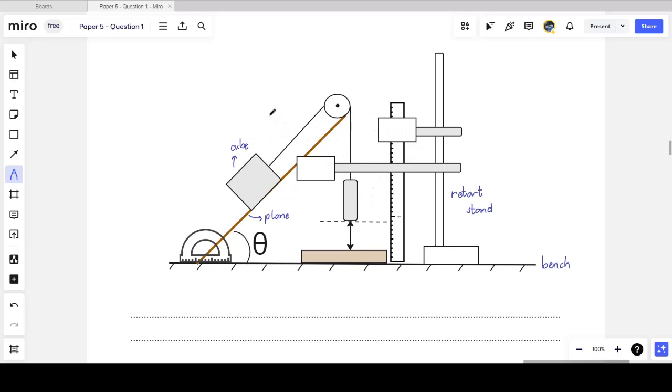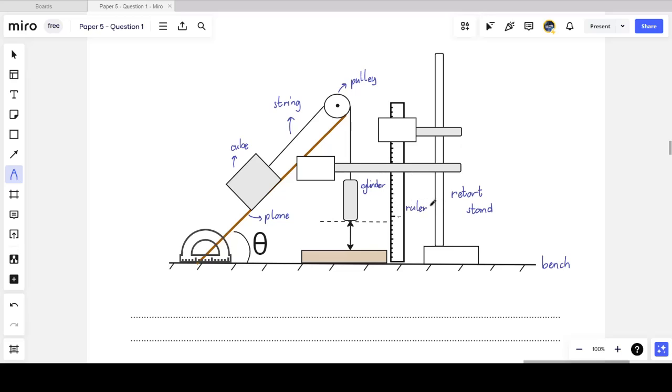I've also got a string attaching the cube to the cylinder, and this goes around a pulley. So I'm just labeling everything. Now, it might be a lot to label, but I would suggest labeling everything.